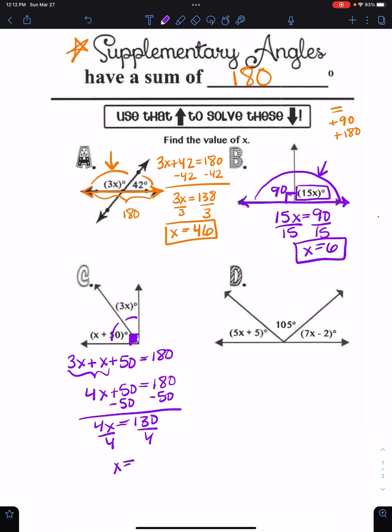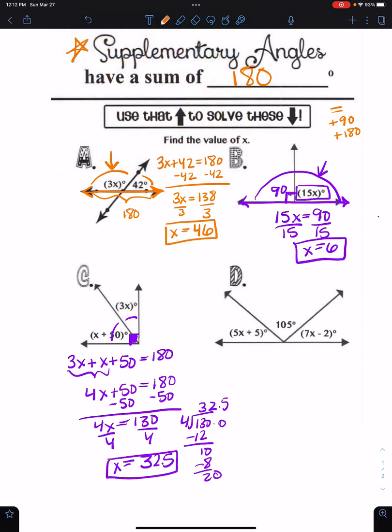So 4 goes into 130, 32 times. I don't have a calculator with me, so I'm just going to have to do this. It doesn't go in evenly, so 32.5. That's my value of x.